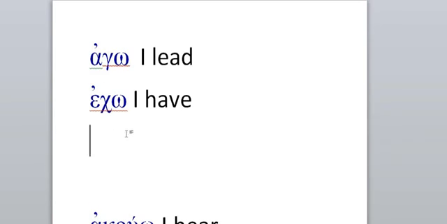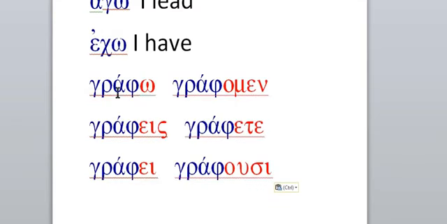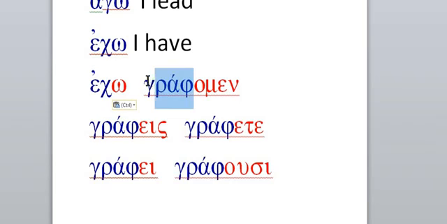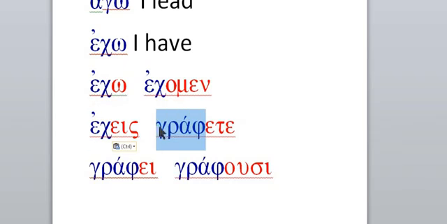Echo means I have, you have, he has, she has, it has, they have. We have to use it all the time. So let us learn this one. Ek is the root word, the stem. So we are going to put the stem here and see how it looks.